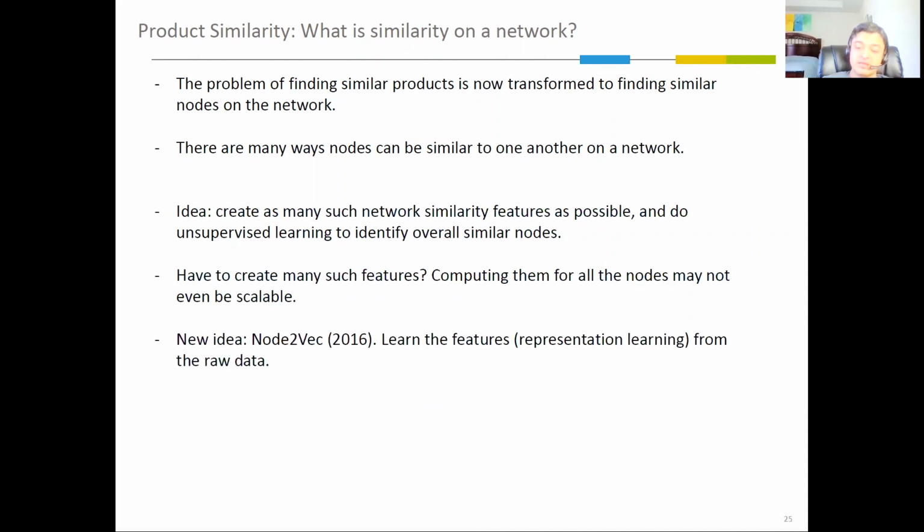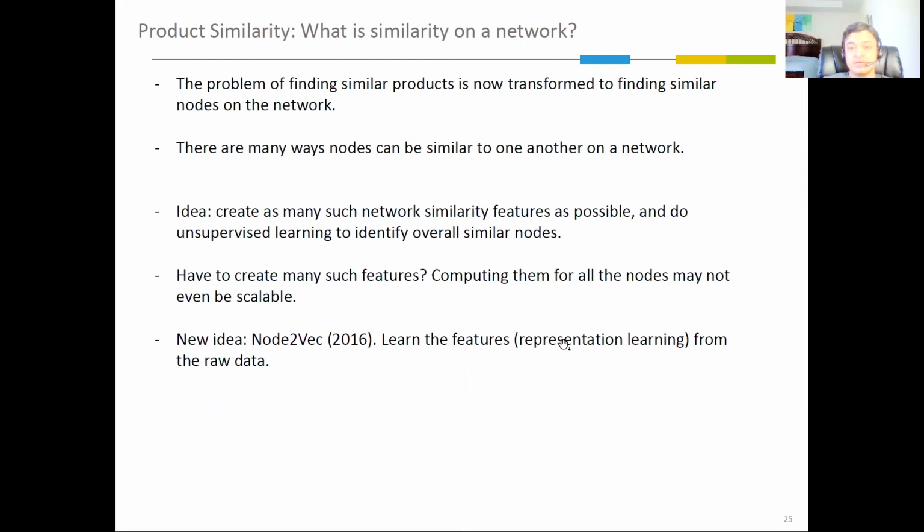There is this novel work, not too recent anymore. It was proposed all the way back in 2016. It's called Node2Vec. It says that once you have network data, you can use a deep learning approach, especially Word2Vec, and you can learn all the features.